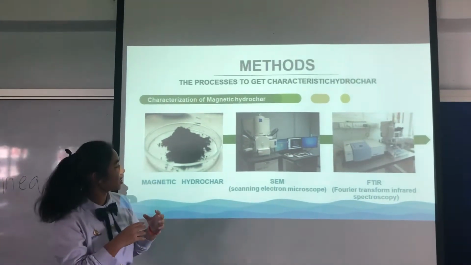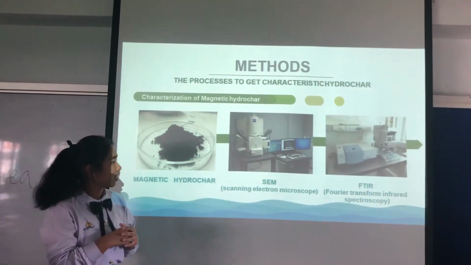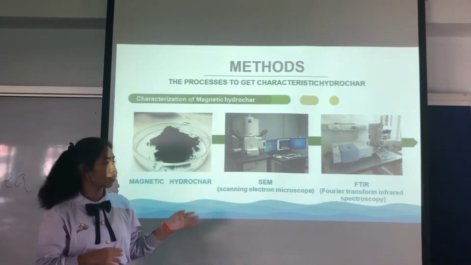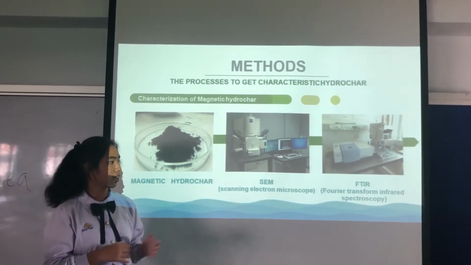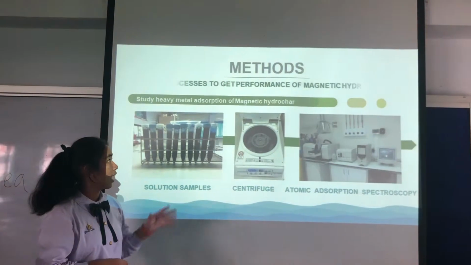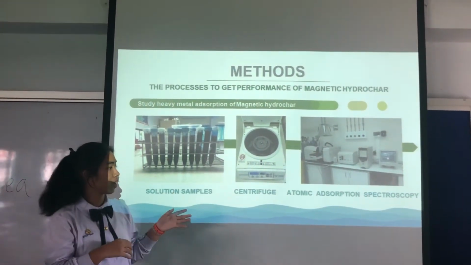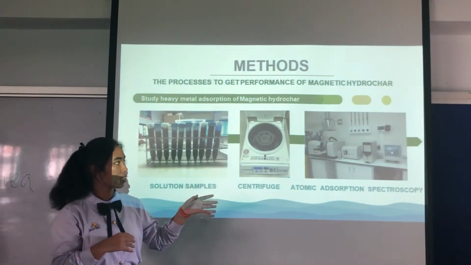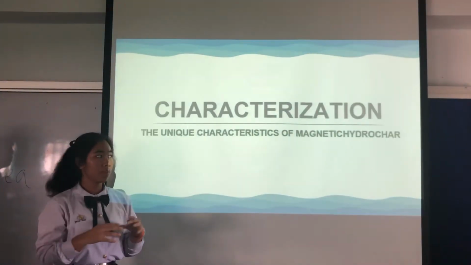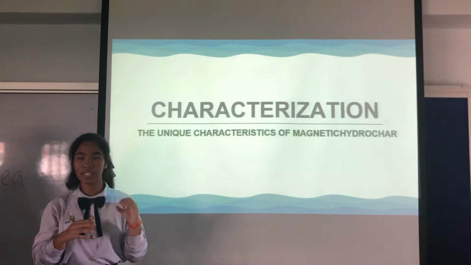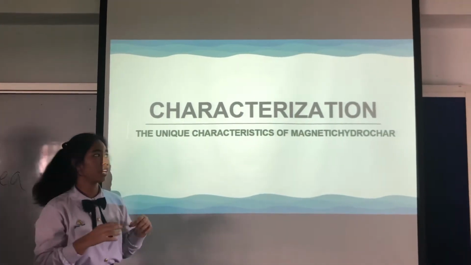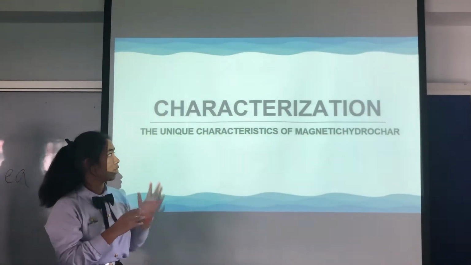We test the characteristics with a scanning electron microscope and Fourier transform infrared spectroscopy, and we test the performance with a centrifuge and atomic absorption. The magnetic hydrochar has magnetite attached on the surface of the hydrochar.